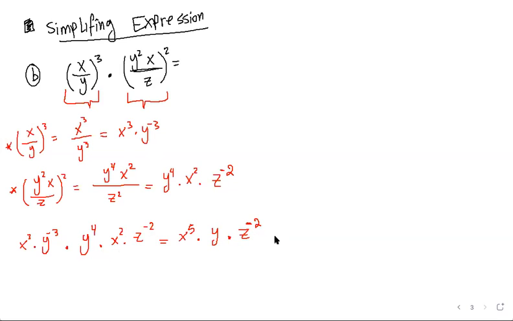And this is equal again to x to the 5 times y over what? This is moving down: z to the power 2, positive. Any question?